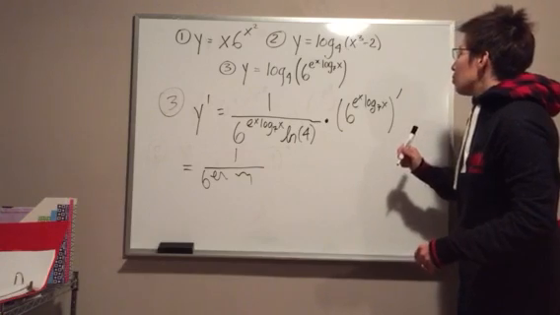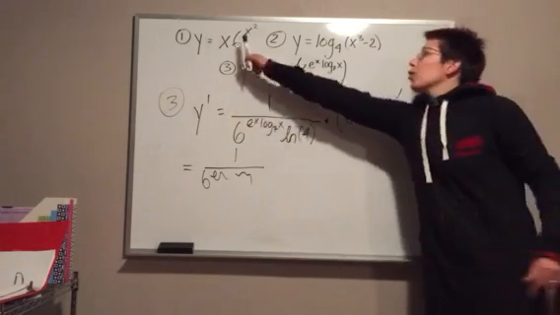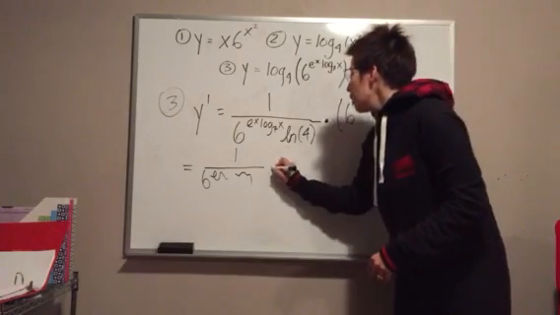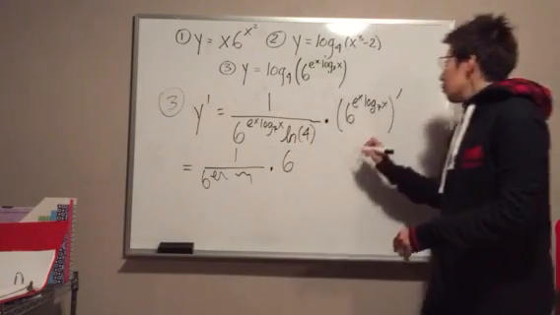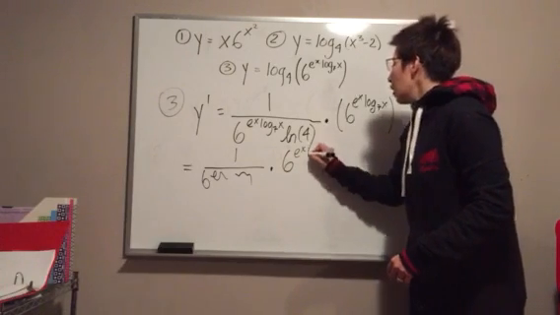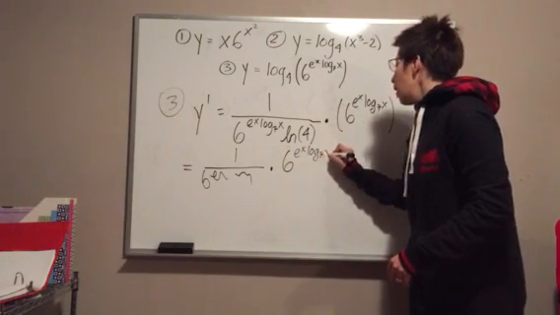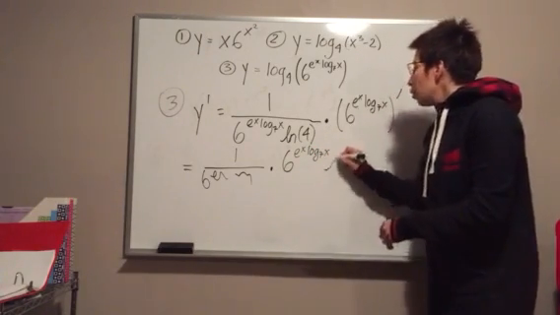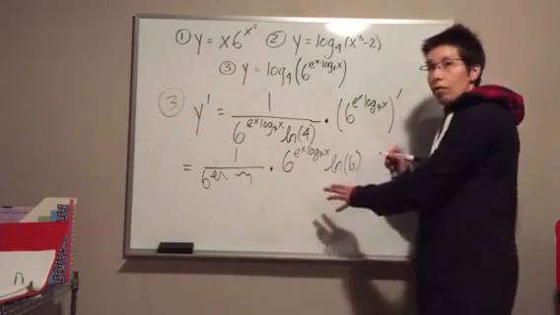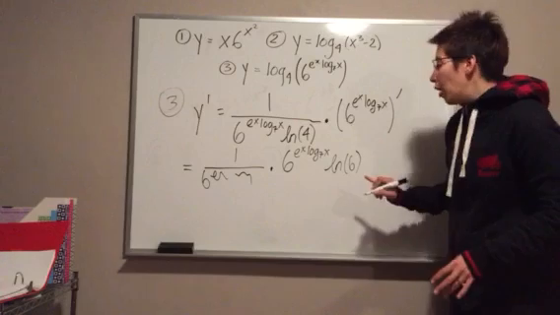So what we'll do is we'll follow the same rule we used when we took the derivative of this bit. We're going to start by saying it's just the same function over again to start. So that's 6 to the e to the x times the log base 7 of x. And then ln 6, because we're dealing with not an e to the stuff, but a 6 to the stuff, so ln 6.